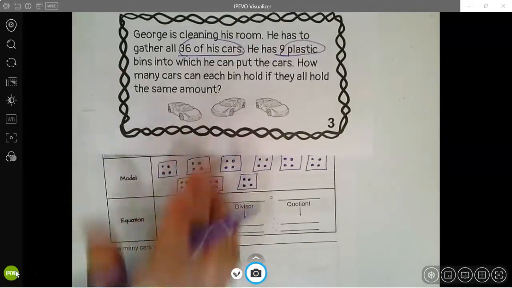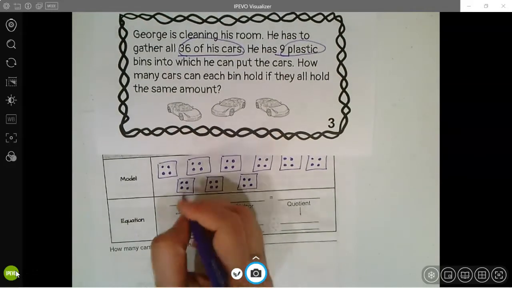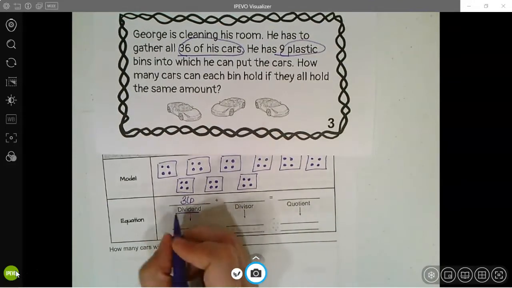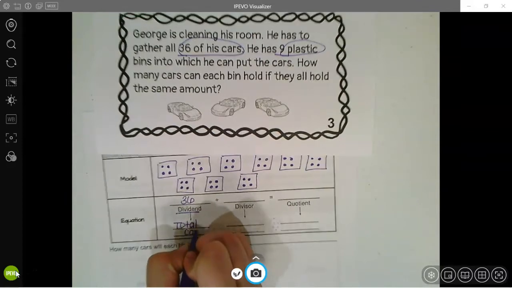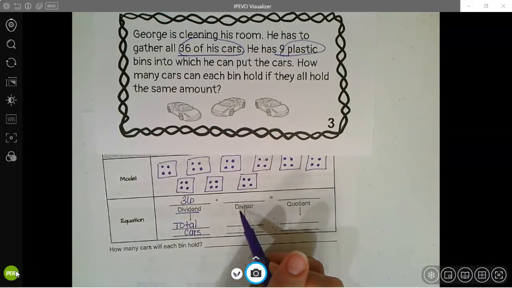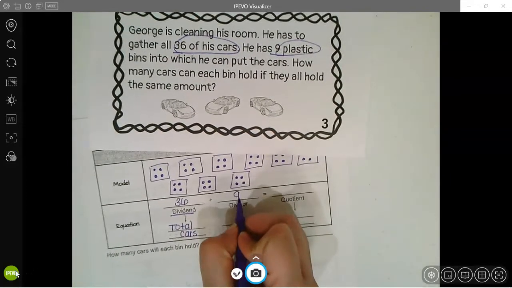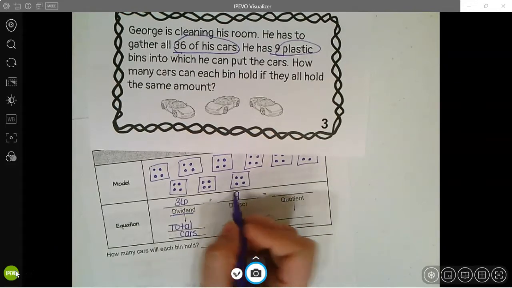Okay. So guys, when we think of the dividend, I want you to think of the dividend as our total. It's our biggest number in our problem. So 36, and that is the total cars that we have. Okay. The divisor is 9. That's what we're dividing into. That's the number of groups we need.